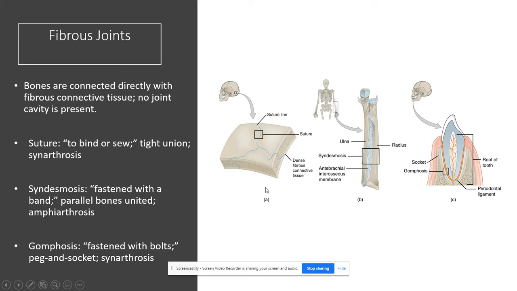So in this first diagram A, it shows you an example of a dense fibrous connective suture-like for the first type of example for synarthritic. Second, you have the syndesmosis present between the ulna and the radius. And then the third example for C is the gomphosis or peg and socket of a synarthritic type of joint located in the gums.